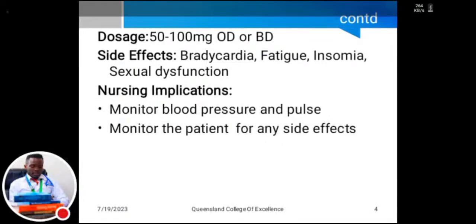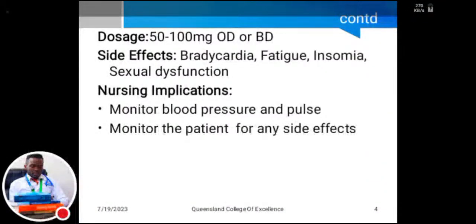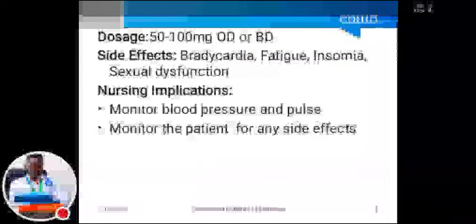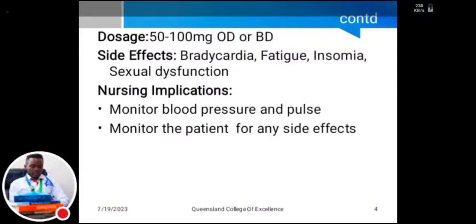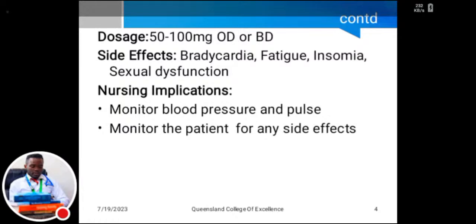What is bradycardia? Imagine you are awake, but your heart muscles are pumping very low. You collapse and fall down. Or every time you sit, you feel fatigue all over. Not only that, it brings about insomnia. What is insomnia? Loss of sleep. Those are the people that don't sleep at night.